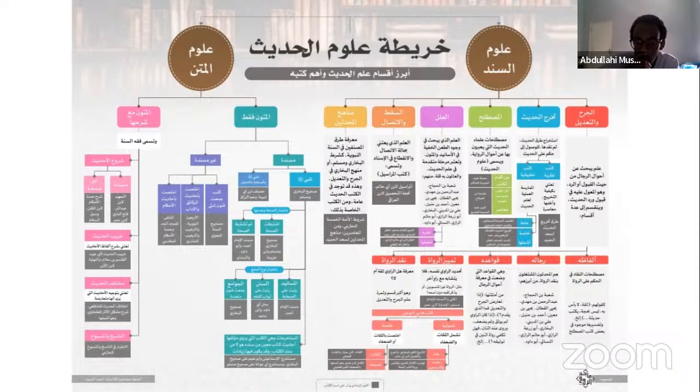And we said that an anomaly is a relational quality. It is a quality that is born in relation to other chains of narration, which means that we need to collect as many chains of narrations as possible. And that process is called tatabbu' al-turuq, or another word that might be used is al-i'tibar.